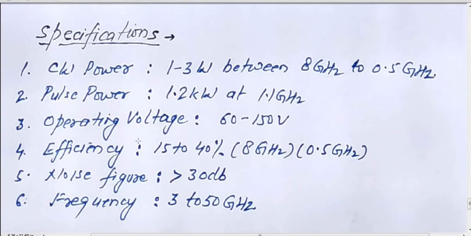So we conclude that although the TRAPATT diode provides a much higher level of efficiency than IMPATT, its major disadvantage is that the noise level on the signal is even higher than when using an IMPATT.